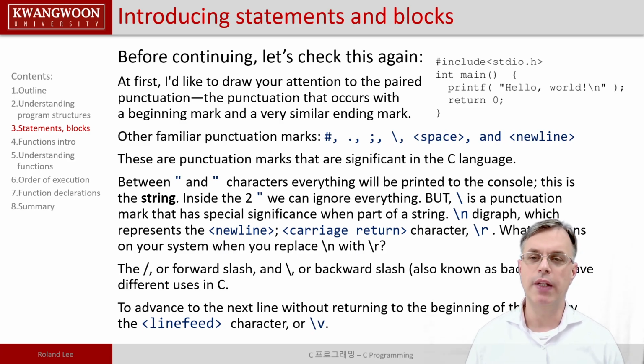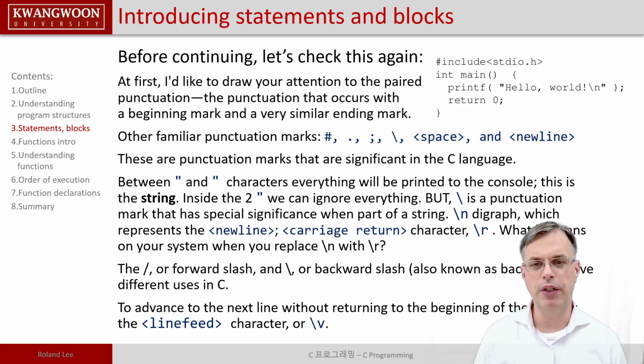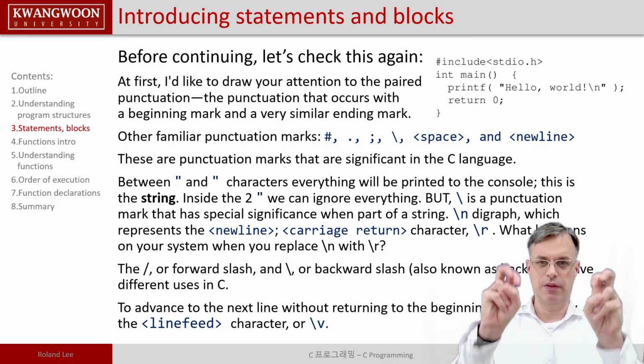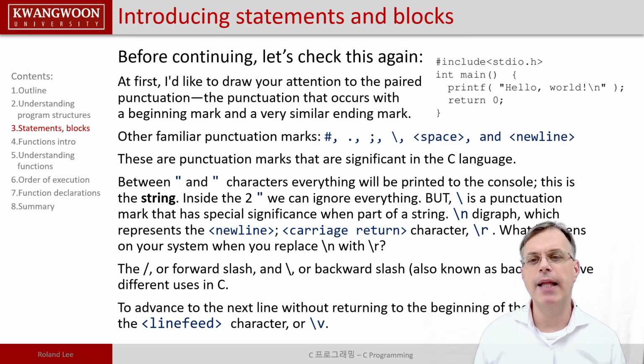There are punctuation marks that are significant in the C language. When we look closely at our Hello World greeting, we can see the beginning character quote mark and the end character quote mark. So everything between them is part of what we will print out to the console, and therefore are two punctuation marks that we can basically ignore.